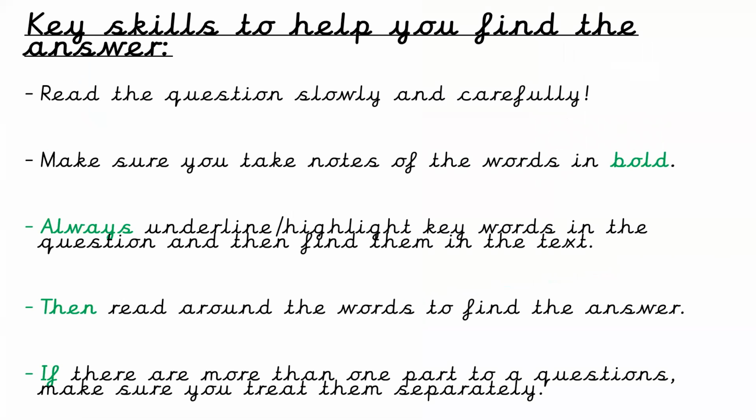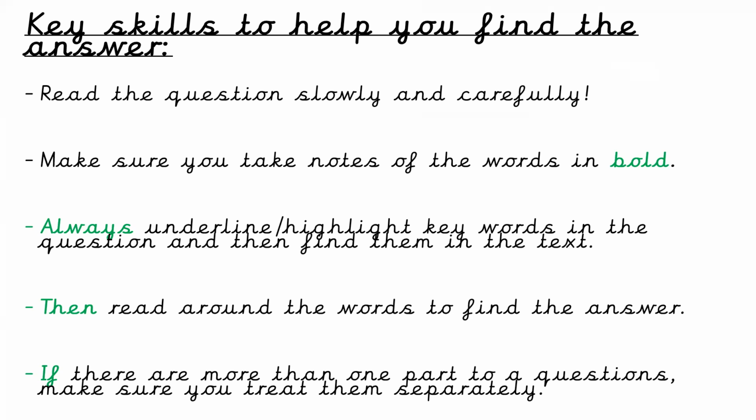So tomorrow, after you've read this text, you will be answering some questions along with the text. And it's important for you to follow these key tips for when you are answering your questions. So the key skills to help you find the answer to these questions are: number one, read the questions slowly and carefully.